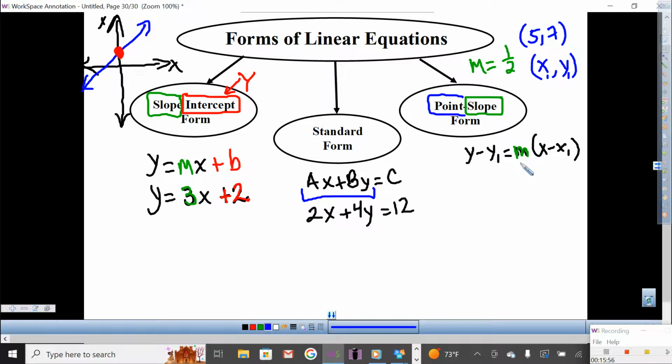Right there. Where would I write the 5? At the x sub 1. And where would I write the 7? At the y sub 1. And then just rewrite it, and there you go. Like I said, we'll get to those later. Which one are we going to focus on for right now? Slope-intercept form. Okay? Good intro, yes?